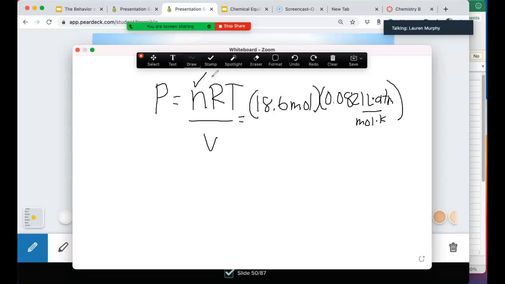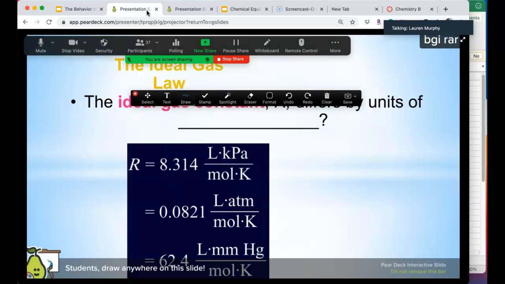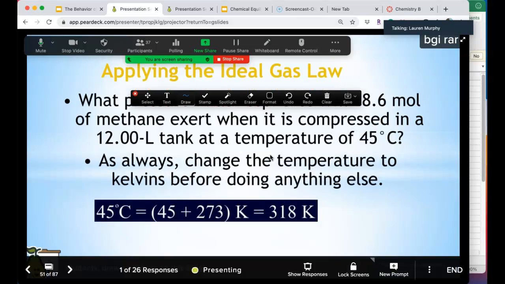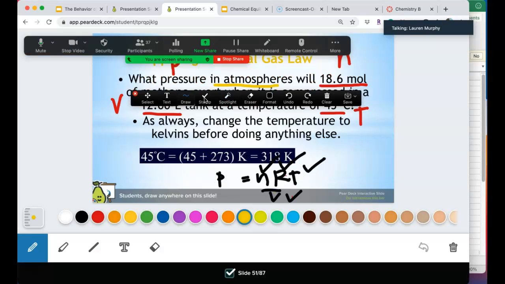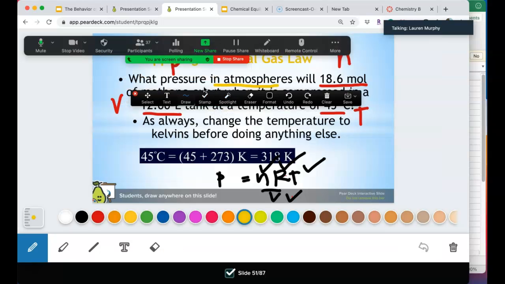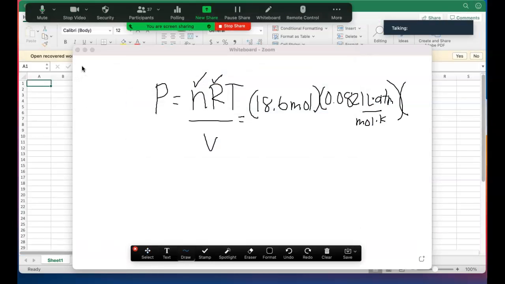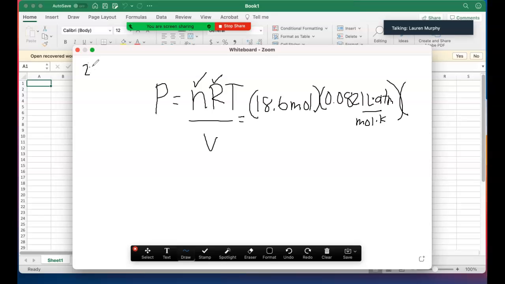So there's R. I have n, R. T needs to be temperature in Kelvin. The temperature given was 45 degrees Celsius. So you can't use 45. To get Kelvin, you take 273 and you add 45 to it.